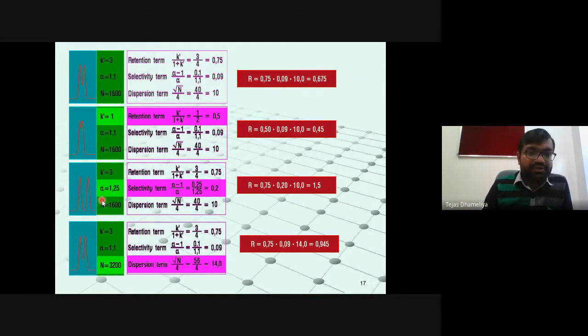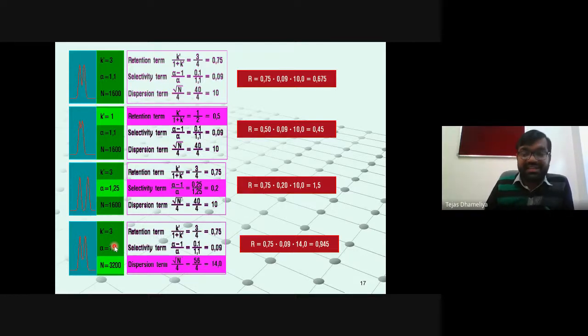And in that case also, all of these cases have a number of theoretical plates of about 1600, but the last one has 3200 theoretical plates. But what is the case? K dash is as such, alpha is 1.25, but alpha has decreased. Even if the number of theoretical plates has increased, the separation is not achieved.